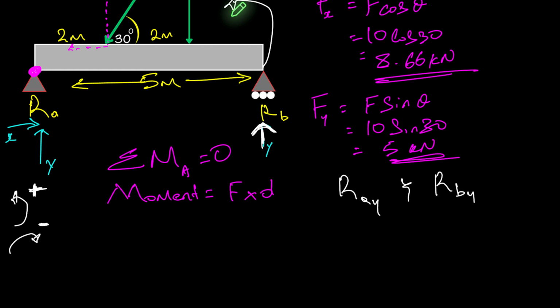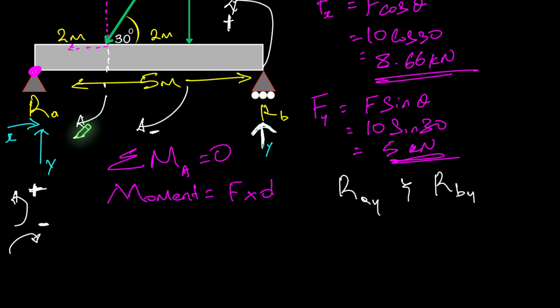And the 8 kilonewtons, for instance, is going to rotate clockwise, so that will be a negative rotation. So that's positive there, that's negative. The same thing will happen with the component of that 10 kilonewtons. It's going to go in that clockwise direction, so I'll take that as negative.